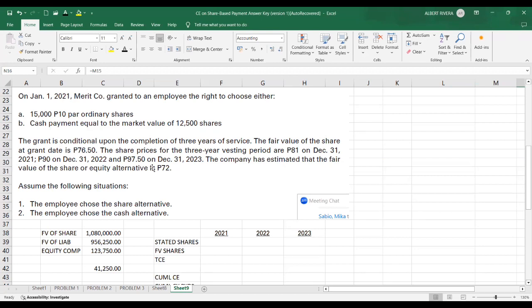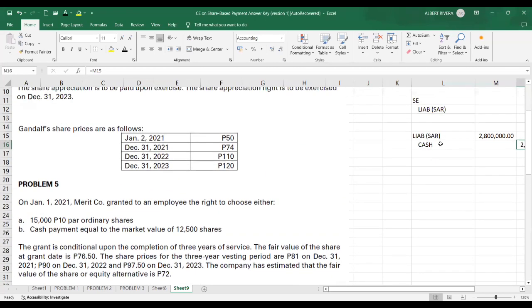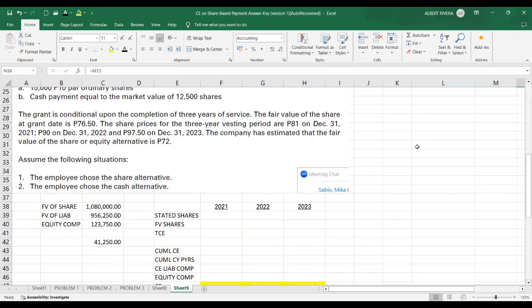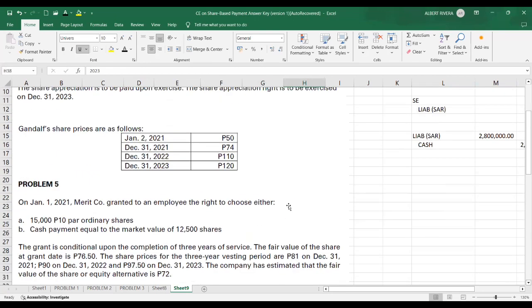So, walang binigay na ganun, then you will be using the market value of the share. Okay? Sige. Anuhin natin yan later. Isa-isa. The grant is conditional upon completion of the 3-year service. So, the 3-year service here is the vesting period, 2021, 2022, and 2023.